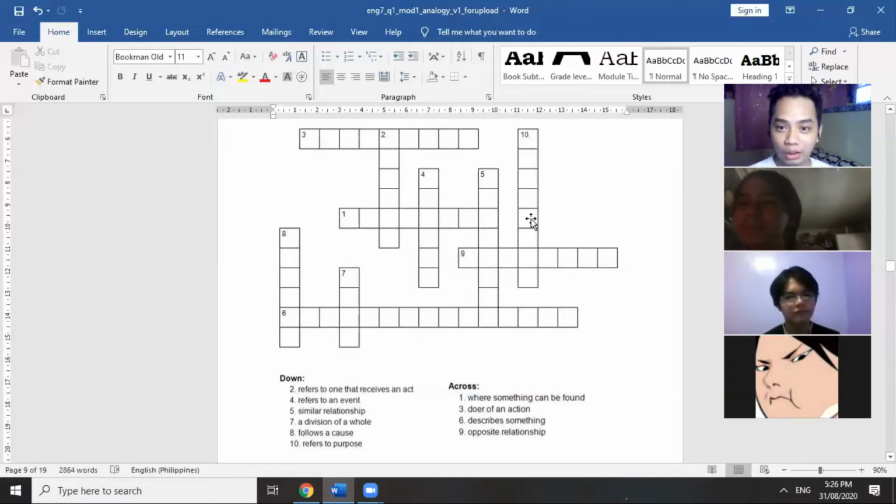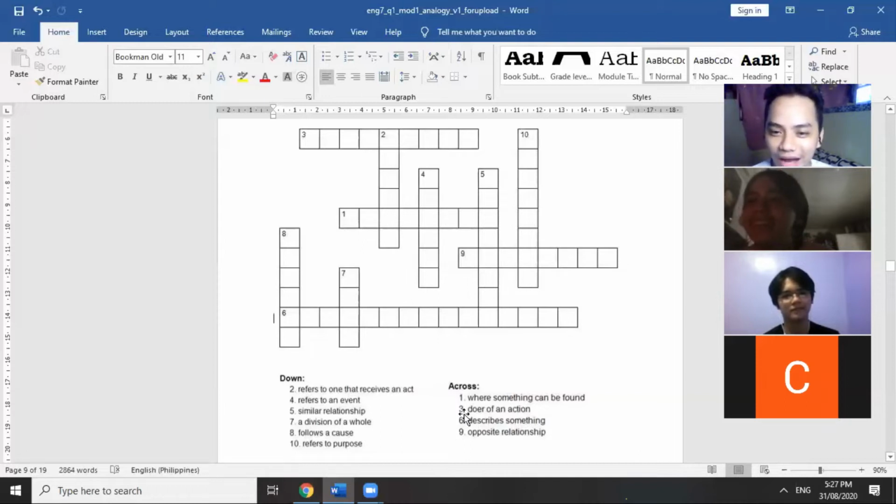Number 10 down. 1, 2, 3, 4, 5, 6, 7, 8. Refers to a purpose. Later, we'll be able to answer. Across. Objective. OBJECTIVE. It's not enough. Okay. Where something can be found. Number 1, across.